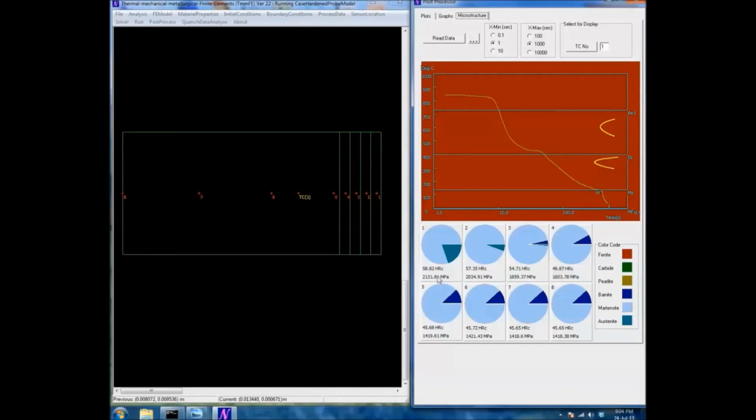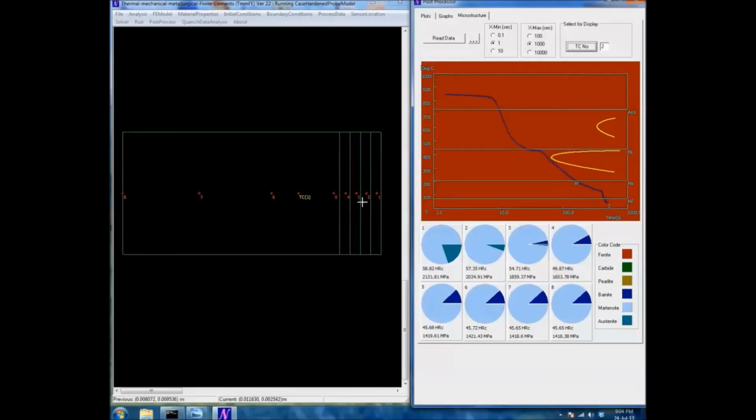The hardness that can be expected at this location is shown here as 58.82, and the tensile strength expected at this location is 2131.8 megapascals.